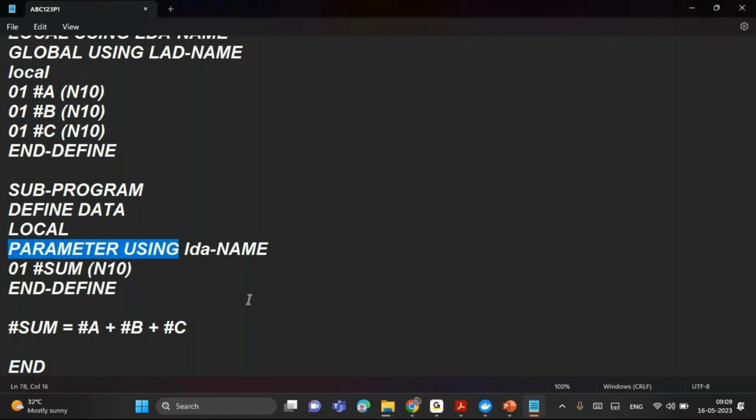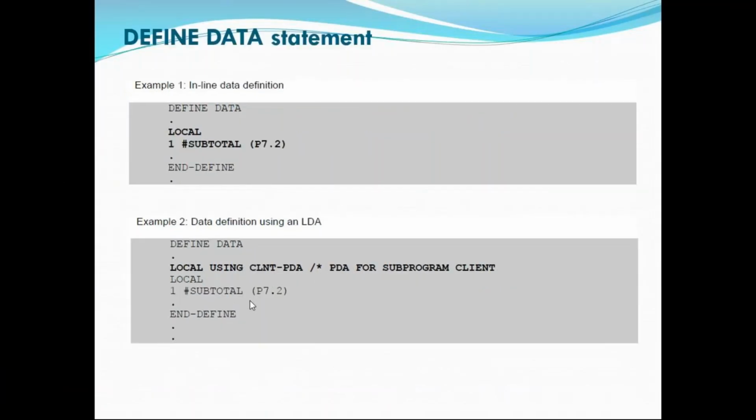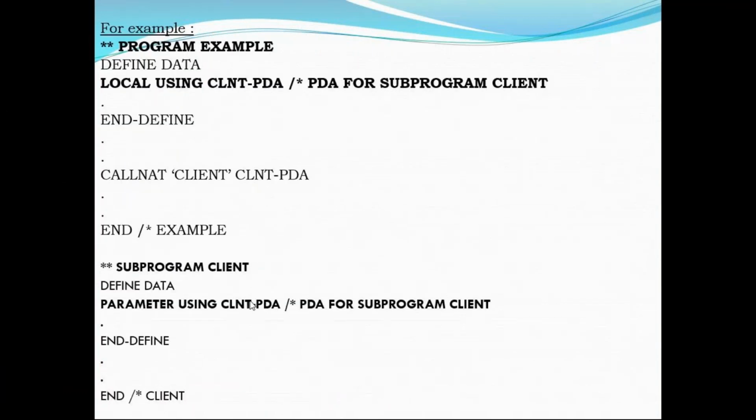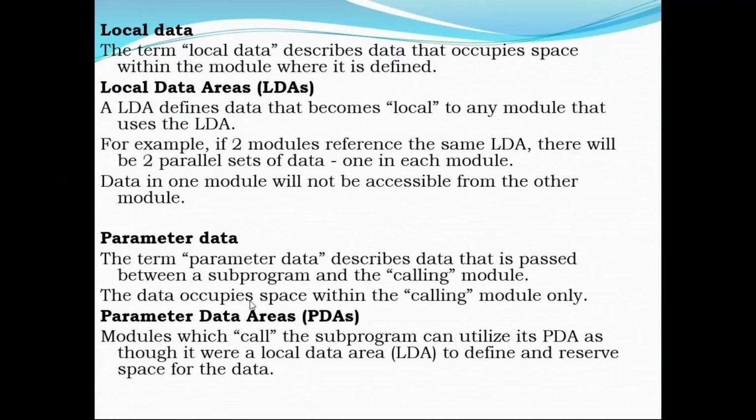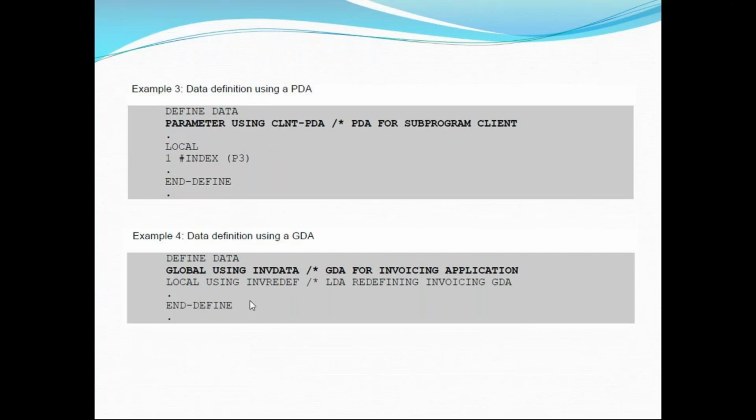So the abbreviations are: LDA is local data area, PDA is parameter data area, and GDA is global data area.